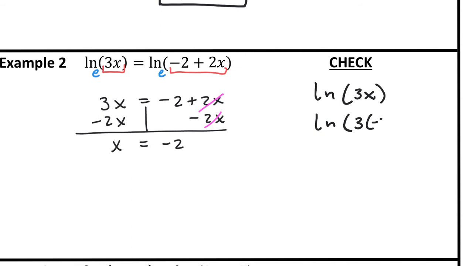We got negative 2. What's 3 times negative 2? That's negative 6. Did we get a positive answer or a negative answer? We got a negative answer. So that means that the answer that we got is an extraneous solution.